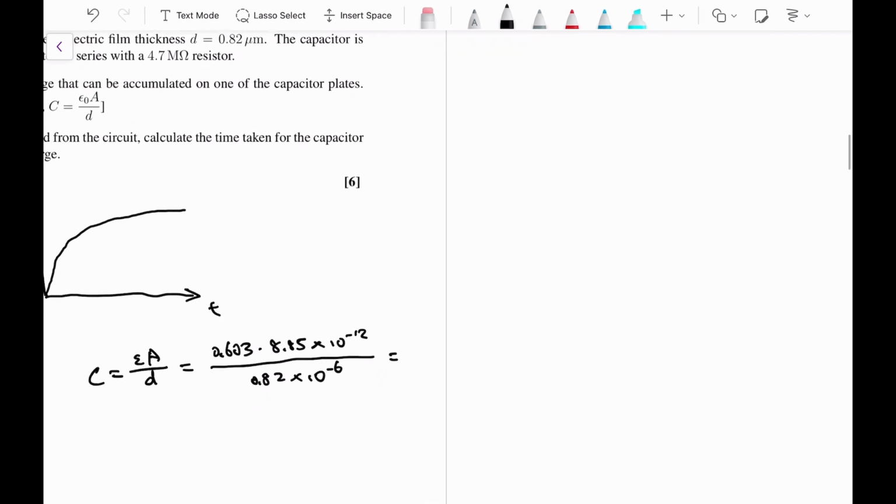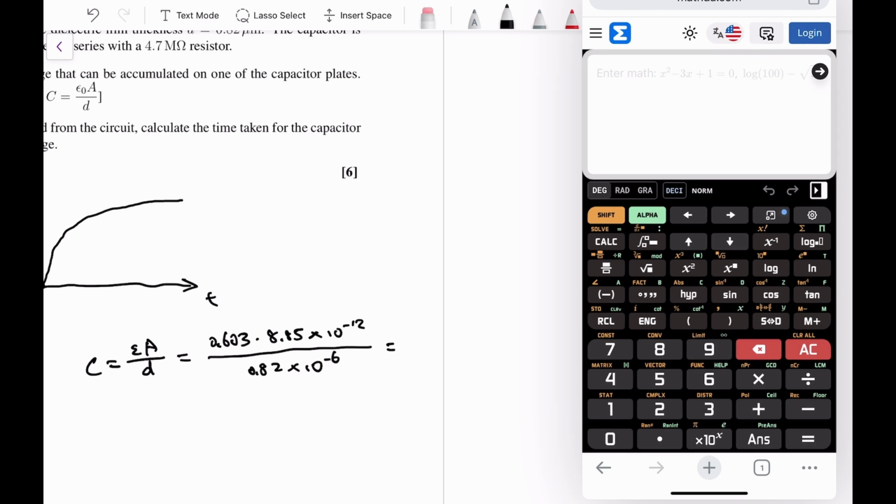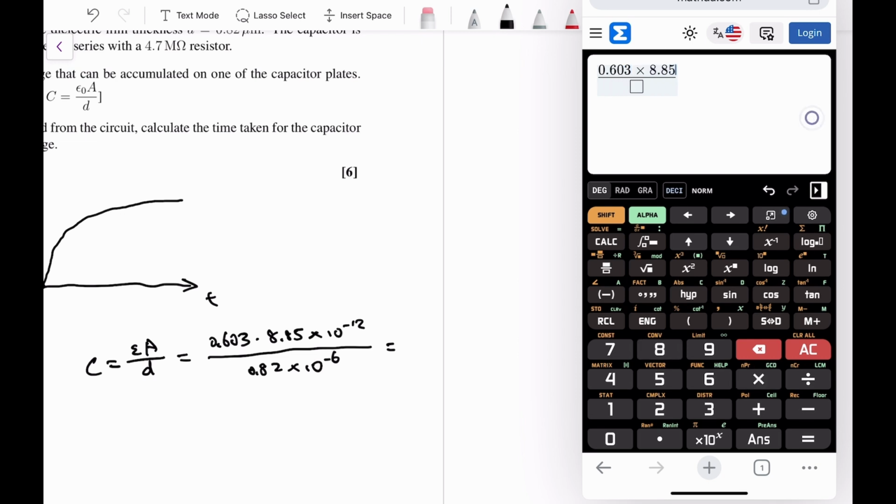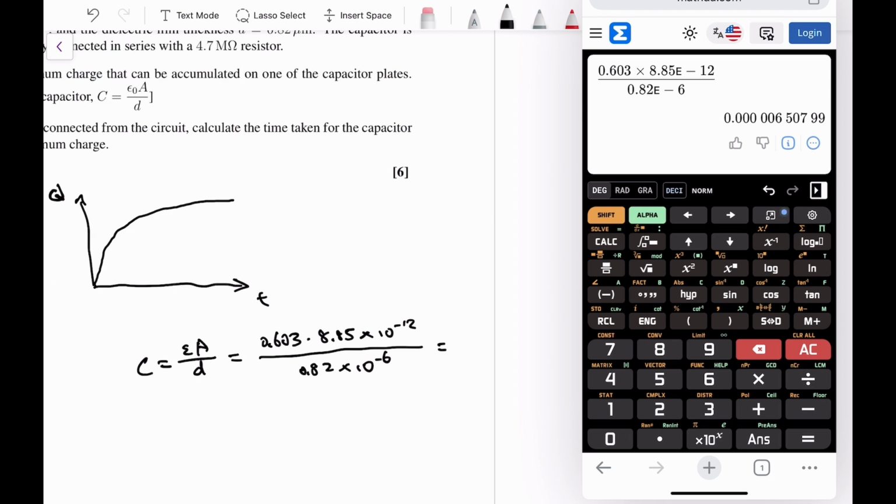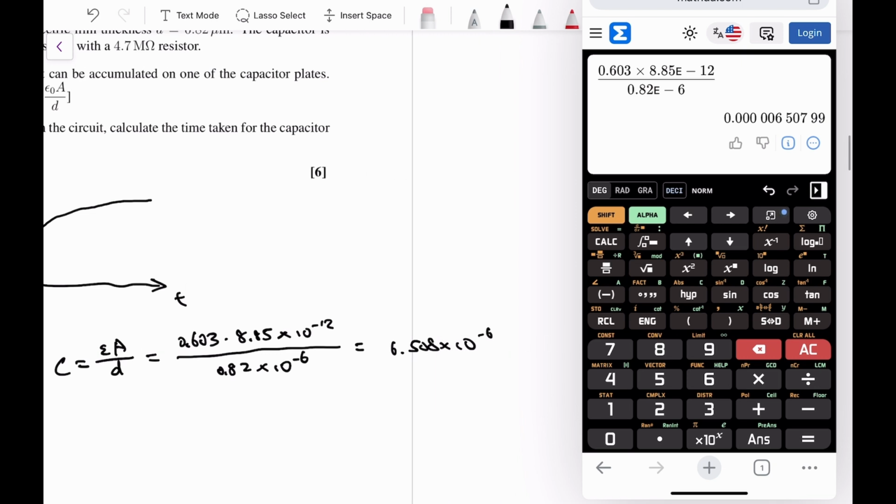If we calculate this, it will be equal to 6.508 times 10 to the power of minus 6 farads.